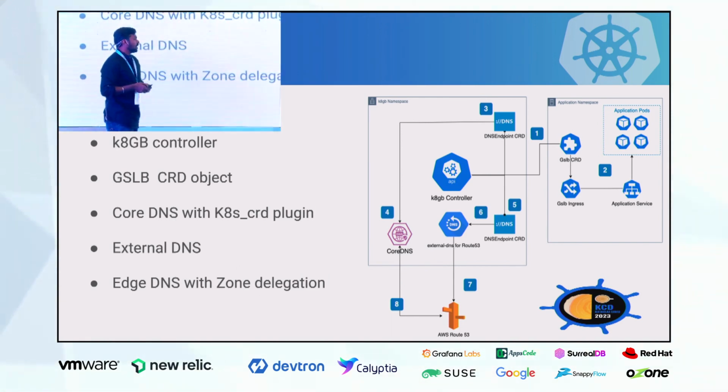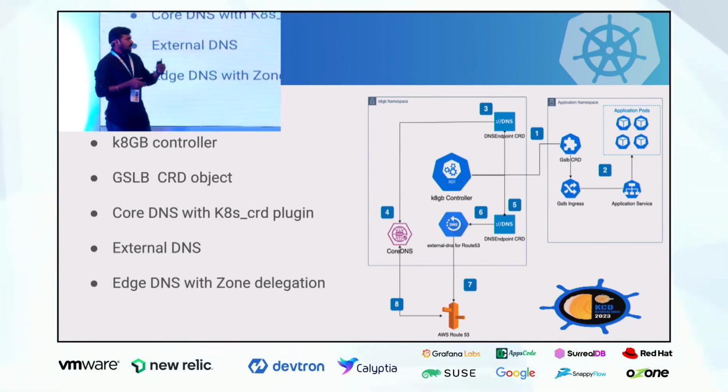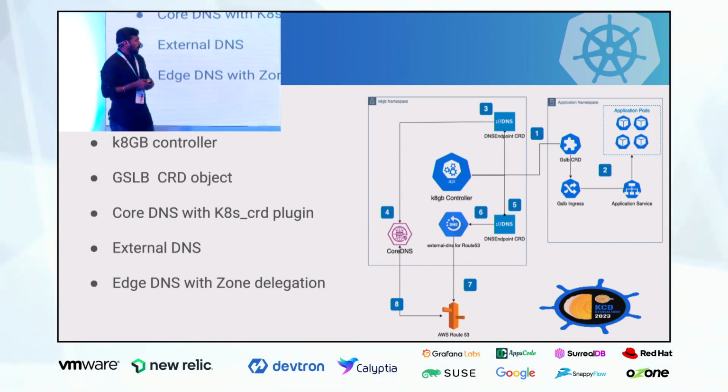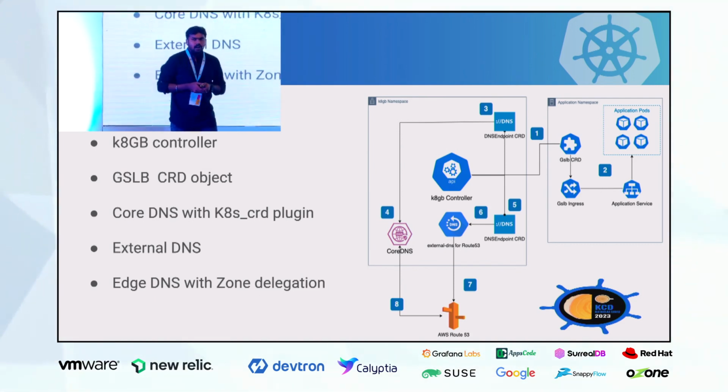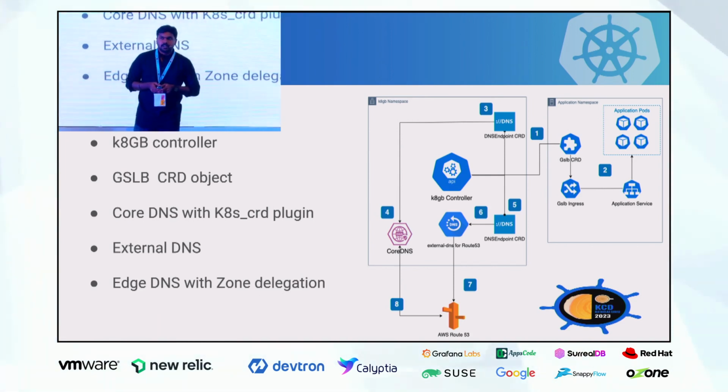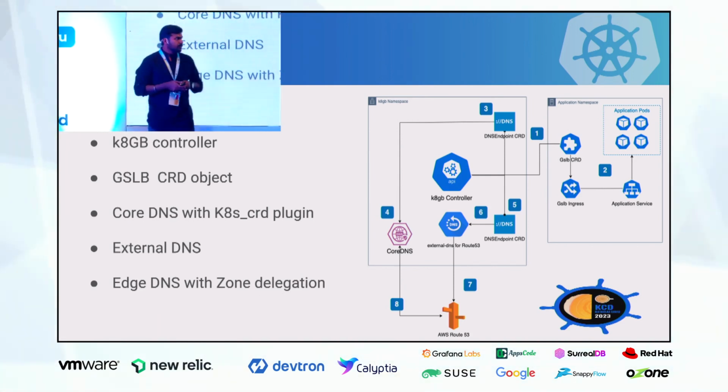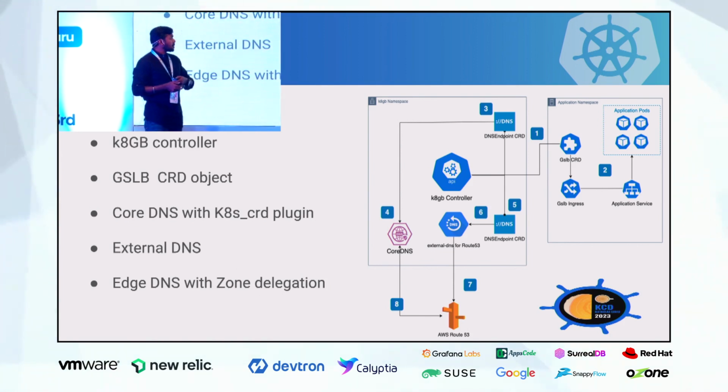Whenever a DNS query comes to your edge DNS server, it forwards those queries through the zone delegation so that the CoreDNS running in your KGB namespace resolves those queries.